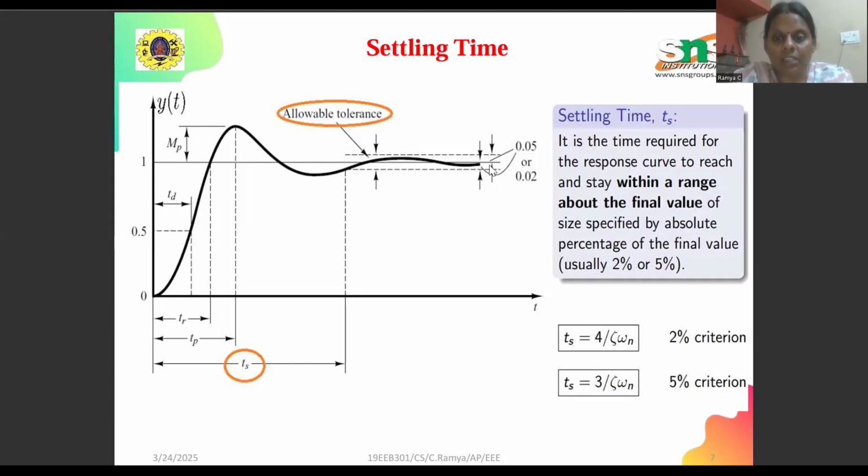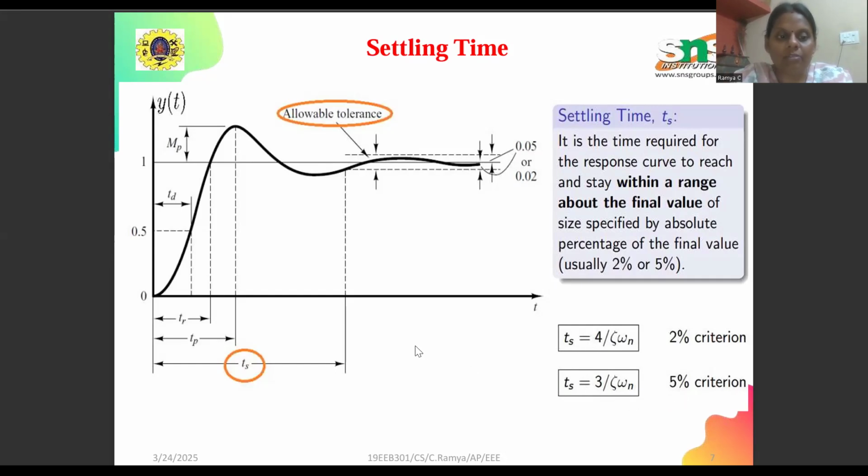This can be represented mathematically as Ts equal to 4 by zeta omega n for 2%, and Ts, the settling time, equal to 3 by zeta omega n for 5%.